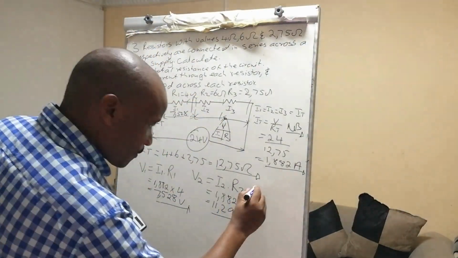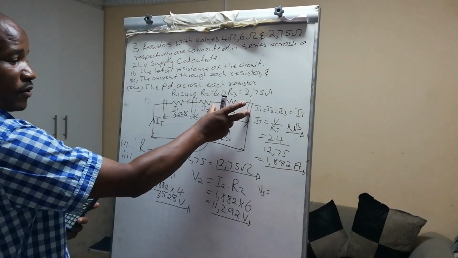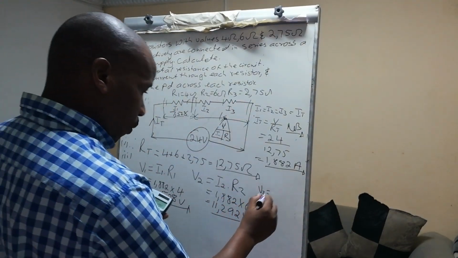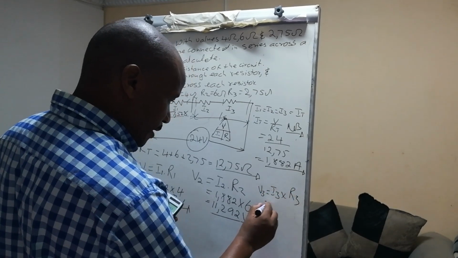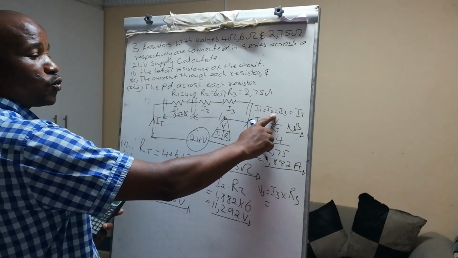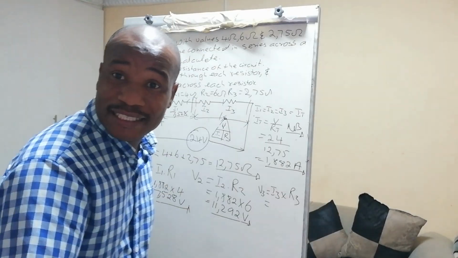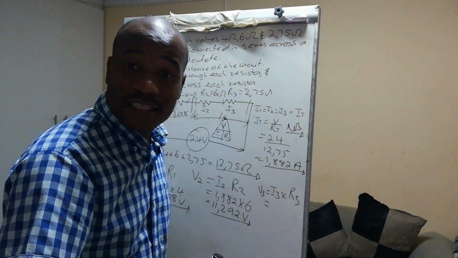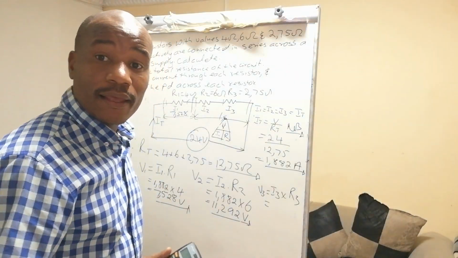And then what? V3, the voltage drop there on the third resistor, is equal to what? I3 multiplied by R3. But what is I3? I3 is the same as I1, I2, and I3. Why? Because in a series circuit the current is the same. That's why.